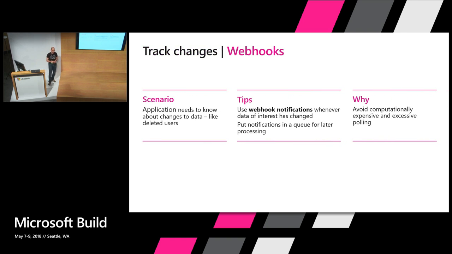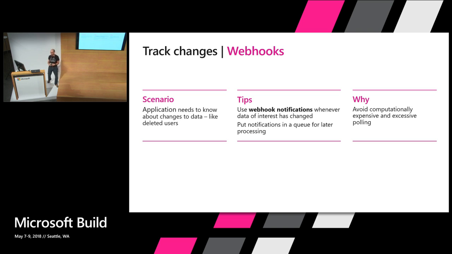The next set of optimizations talk about tracking changes. So imagine a scenario where you want to know whether any users were deleted from your organization, or from this particular organization if you're an ISV. You could be pretty naive about this, and you could basically just poll Microsoft Graph, store a cache of all the users, and then look at a difference between them.